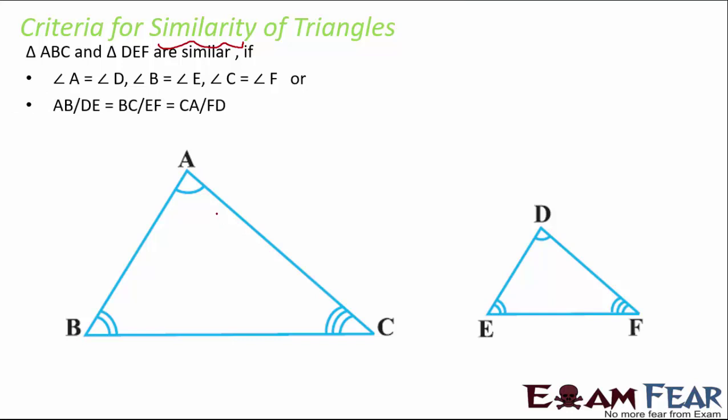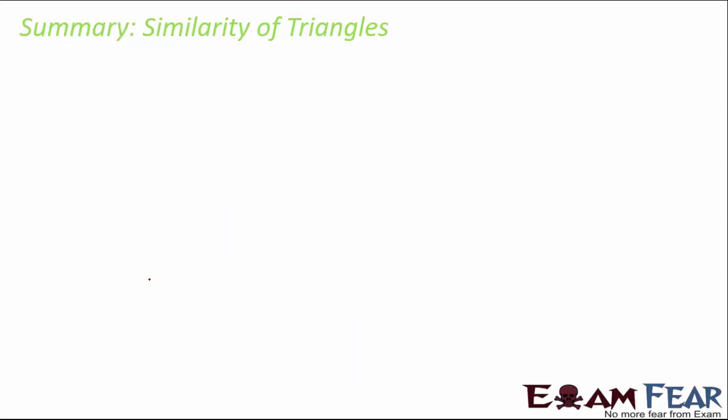That is, the lengths of their sides are not the same, but the ratio of the sides is equal. That means AB divided by DE is equal to AC divided by DF is equal to BC divided by EF. That means their sides are proportional. So that's what it means.